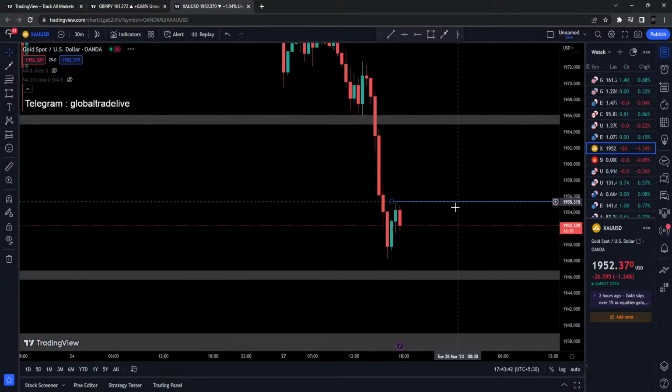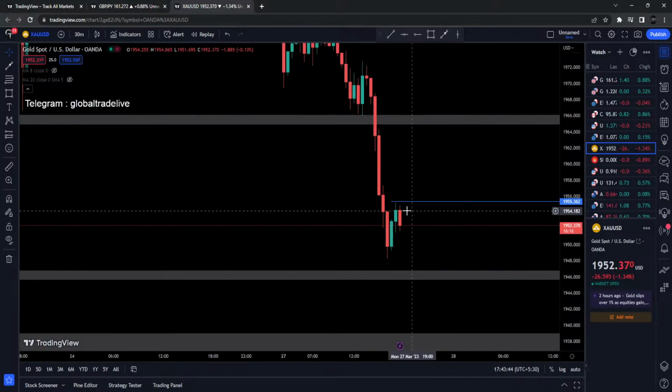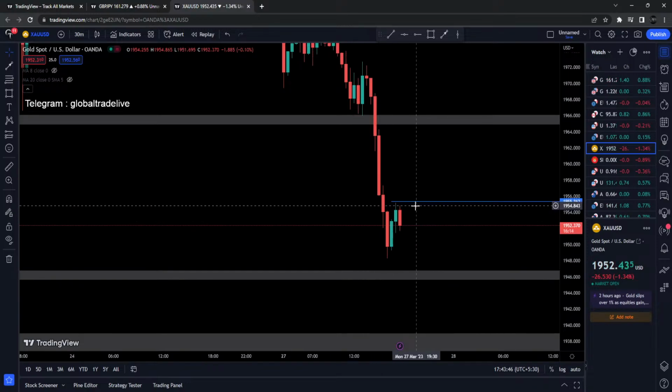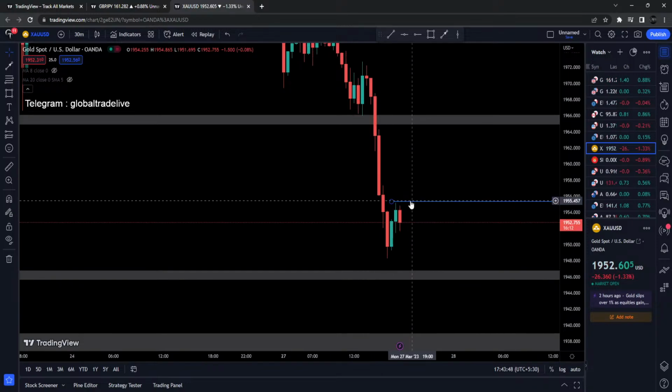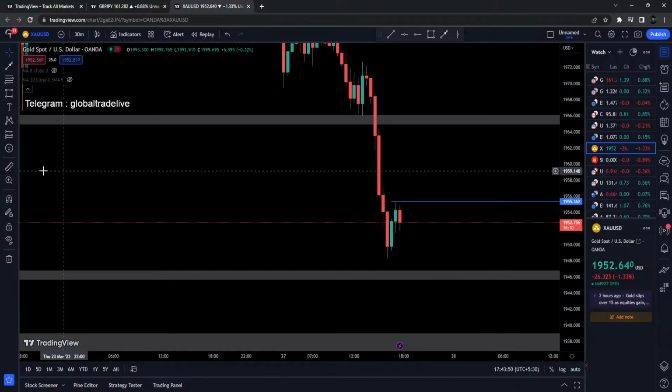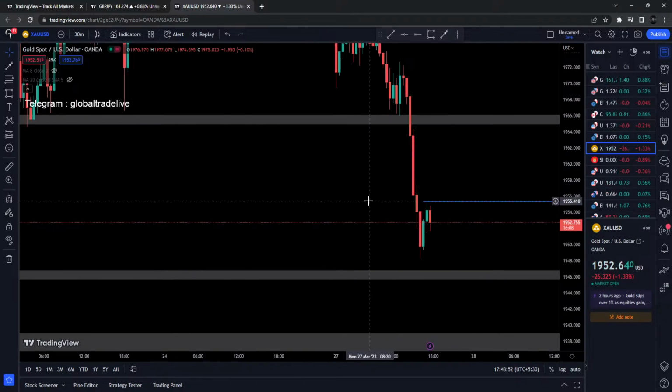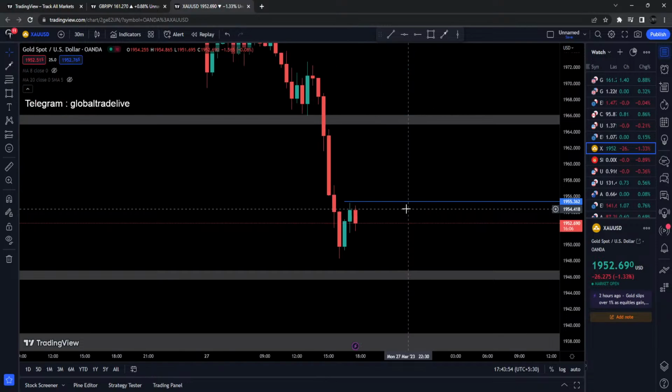So I think in gold I will be looking for buys, just for the retracement purpose, and I will be closing those buys soon because that trade will not be in trend. That will be a retracement trade, you can say, but that will be a really well executed trade.